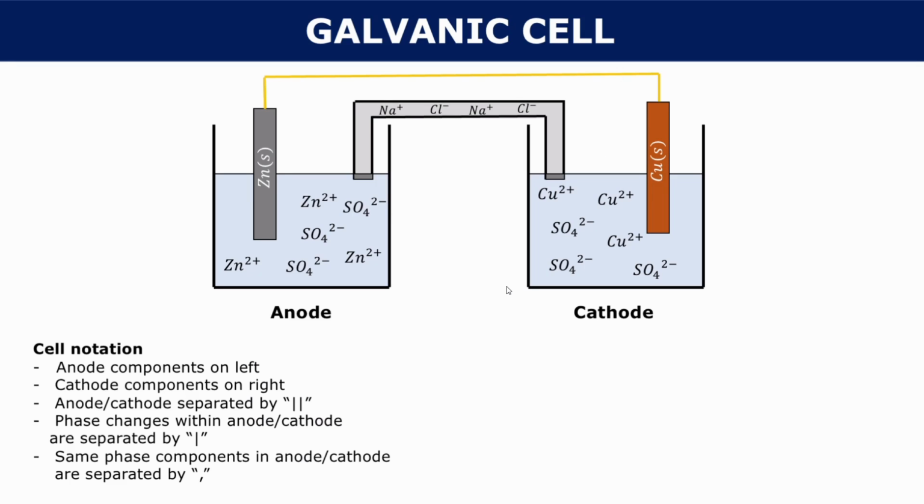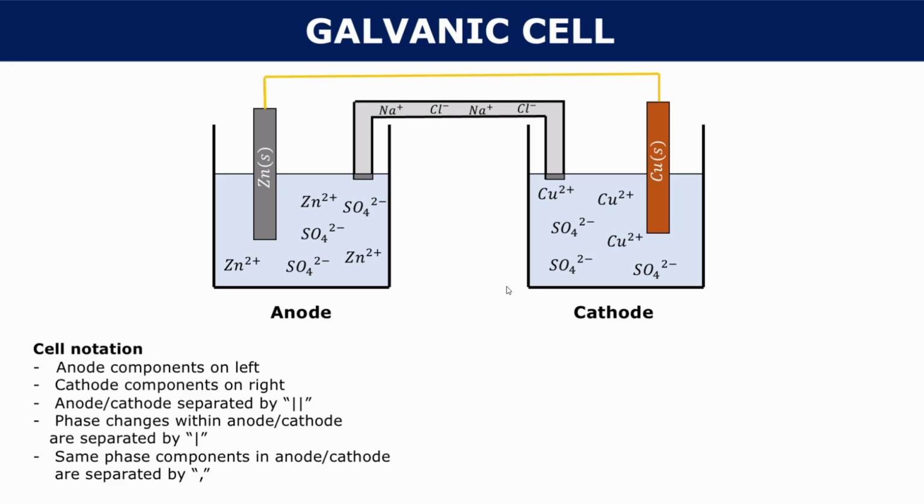When making a galvanic cell, it's really helpful to have some notation so that we don't have to keep drawing out these diagrams. We can just have the cell notation tell us what's in the anode, what's in the cathode, and we can use that to do experiments, or we can use that to solve problems. So what are the rules for cell notation?